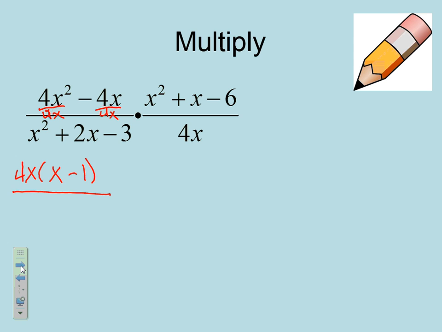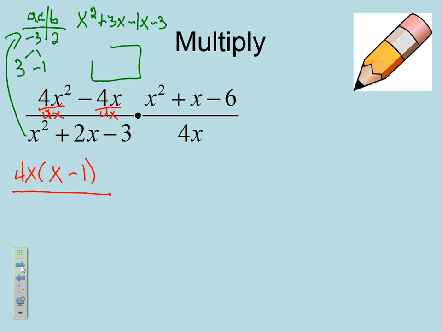Now, on the bottom here, there's 3 terms, so I have to do AC method. So I'm just going to do that right up here for us. I have to take A times C added up to B. So I have negative 3 has to add up to 2. The 2 factors of that are going to be 3 and negative 1. So I'll get x squared plus 3x minus 1x minus 3.